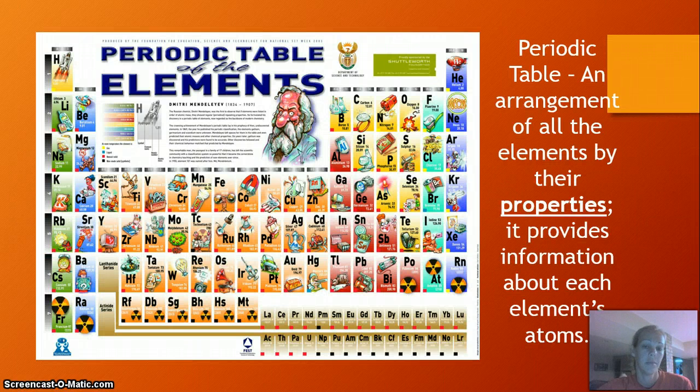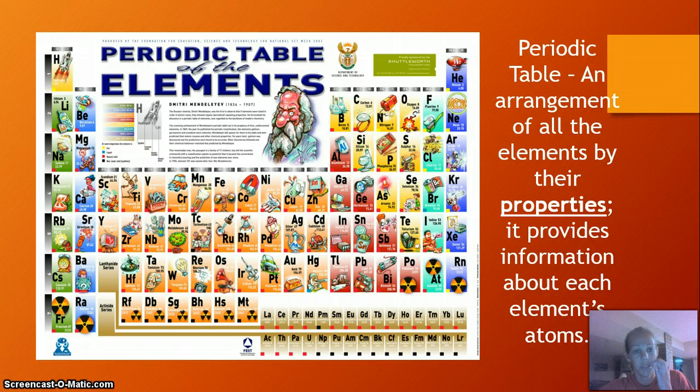Here's one example of the periodic table. I kind of like this one because it has pictures. And these pictures give clues about the properties of each element and what we use them for. So the periodic table is an arrangement of all the elements by their properties.